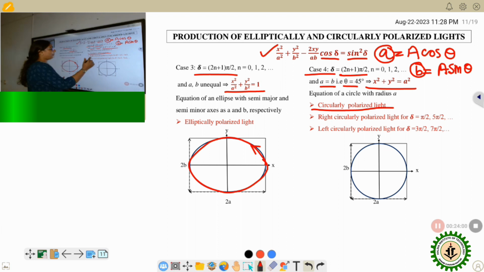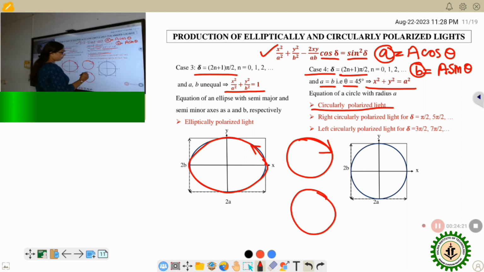Now circularly polarized light can be classified into two types of light: right circularly polarized light and left circularly polarized light. Right circular means it will move like this, that is clockwise. In case of left circularly polarized light, the movement will be anti-clockwise.